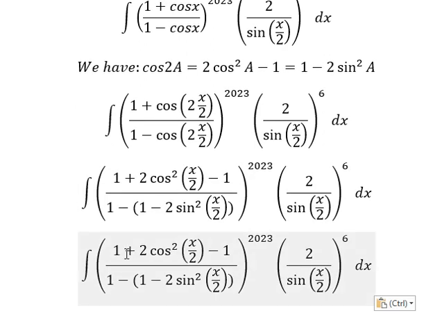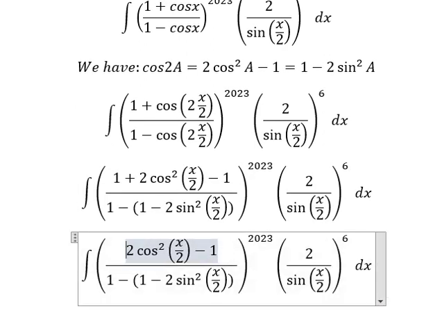So 1 minus 1 we cancel, negative and negative we change for positive.